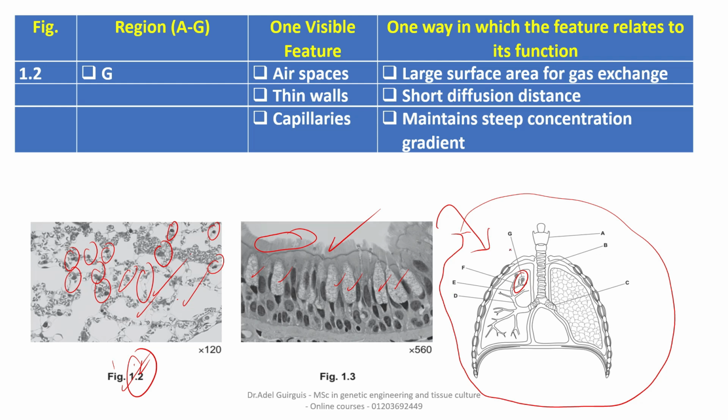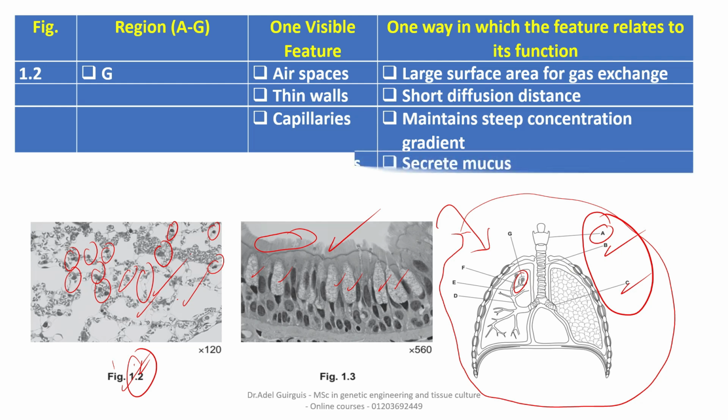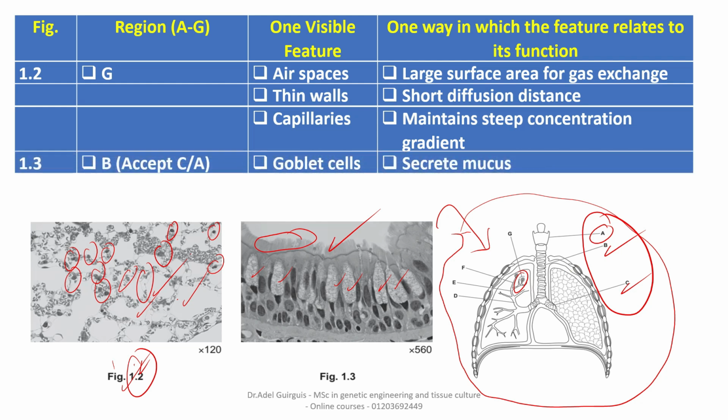Yes, right, from the trachea, good, or even from the bronchus also, plus A, larynx. So any letter from these is a good answer for the region. Look here: figure 1.3 was made from organ B, trachea, accept C and A also. C and A also are correct.